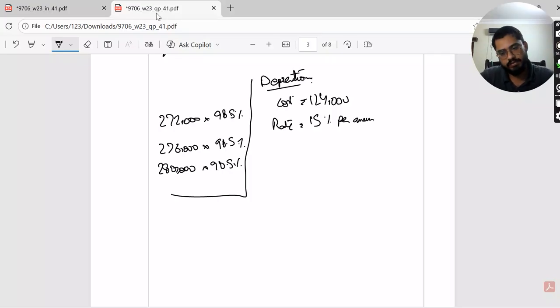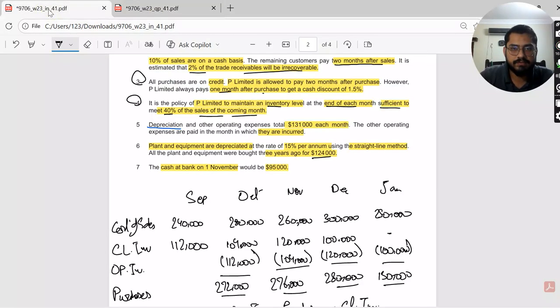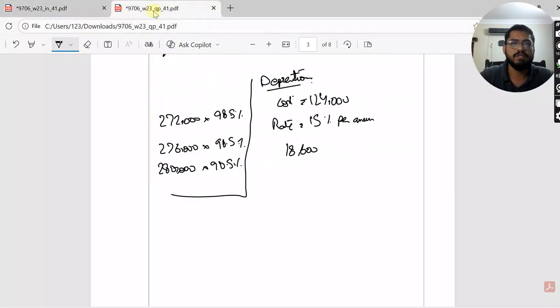So yearly depreciation should be 124,000 into 0.15. So the whole year's depreciation is 18,600. And to calculate the monthly depreciation, we'll simply divide this number by 12. So depreciation would be charged as 1,550 per month.